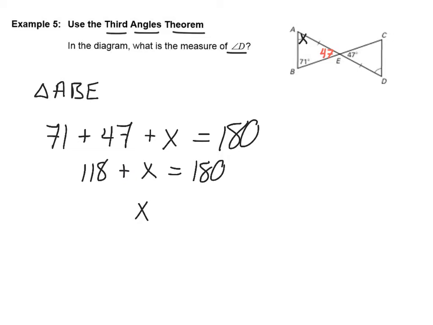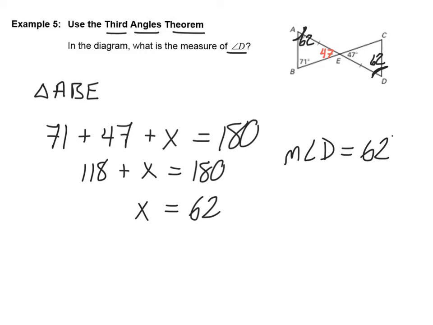And it looks like X equals 62. So I can go back and fill that in for angle A, and since angle A has one arc and angle D has one arc, I know that they are congruent. So that means the measure of angle D is also going to be 62 degrees.